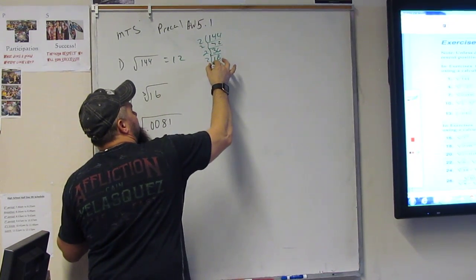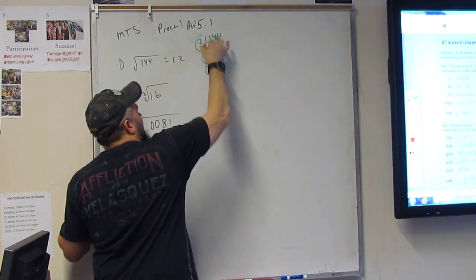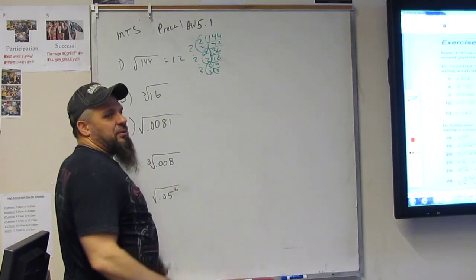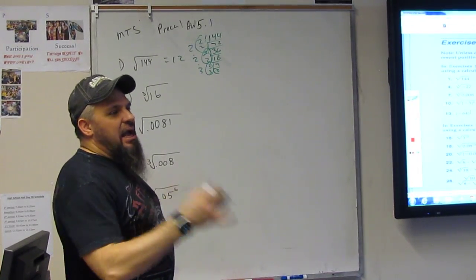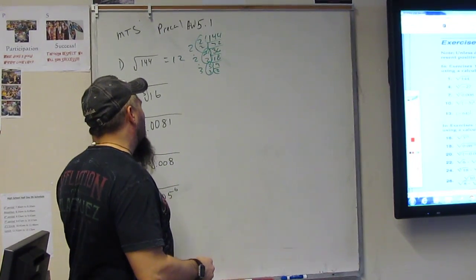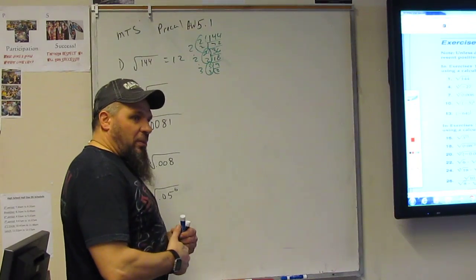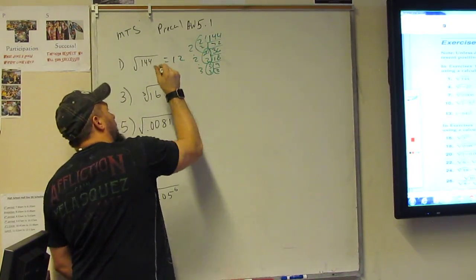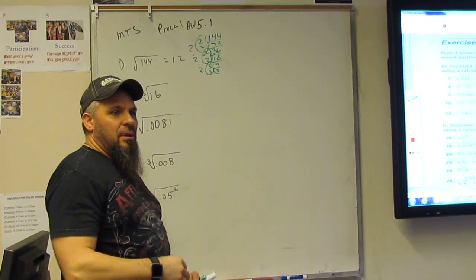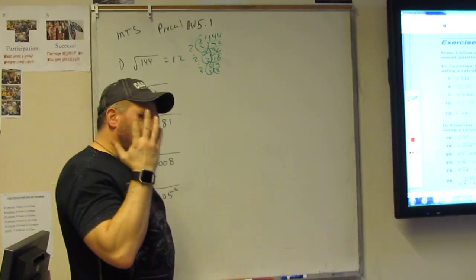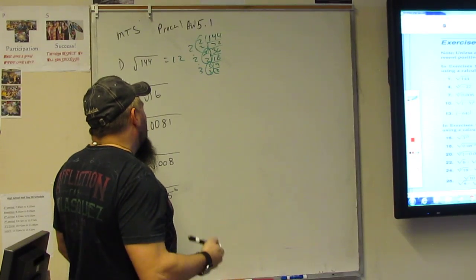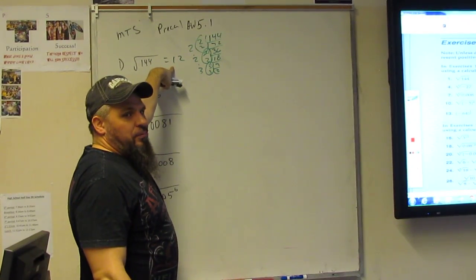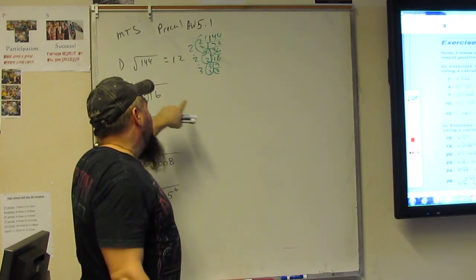Then I take out the groups: there's a pair, and there's a pair. So it's 2 times 2 times 3, which is 12. That's how we do that problem. This is the root for all of these. Is that making sense? So use what you know to figure out what you don't know.